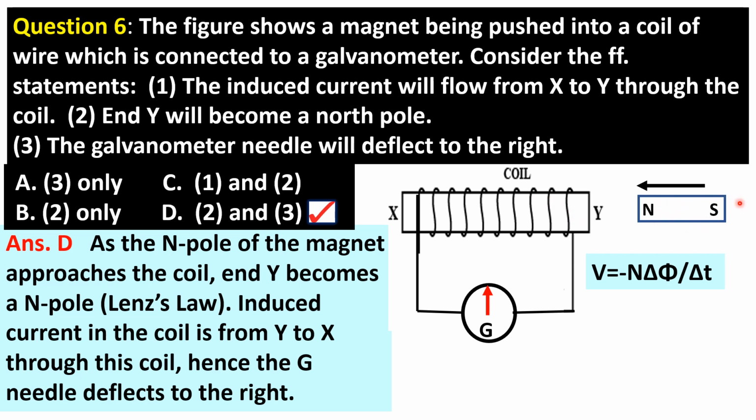as a result of the changing magnetic field from the outside. Again, the magnetic field of the electromagnet, meaning the coil, is directed to the right from X to Y. So represent that magnetic field with your thumb. Remember to use the right hand.